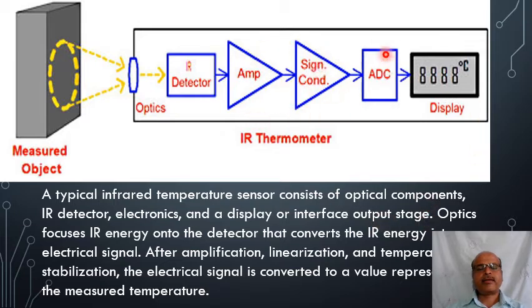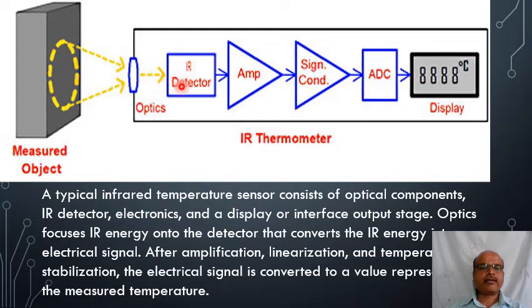The optics focuses the IR energy onto the detector, which converts IR energy into an electrical signal. The reflected IR rays are received here, and the received energy is converted into an electrical signal.